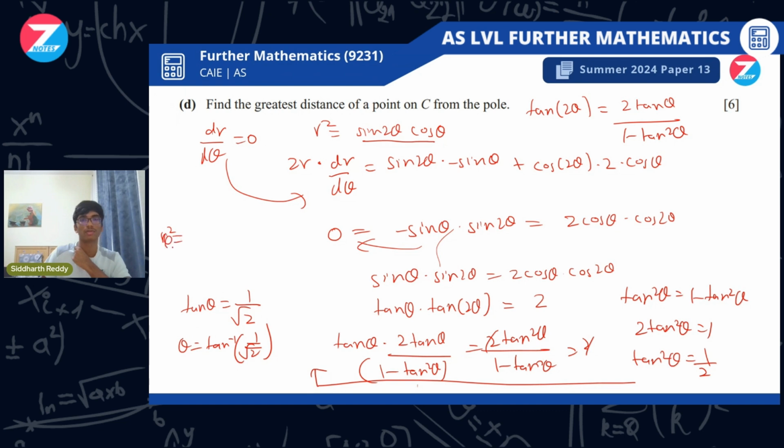We have r square is equal to sine 2 theta cos theta, right? So if we find r, it's just going to be the square root of cos theta times sine 2 theta. Substituting this value of theta, we get r is equal to 0.877.